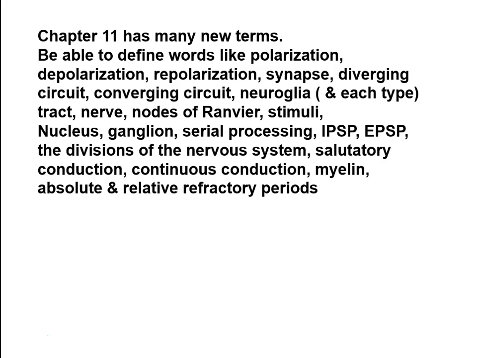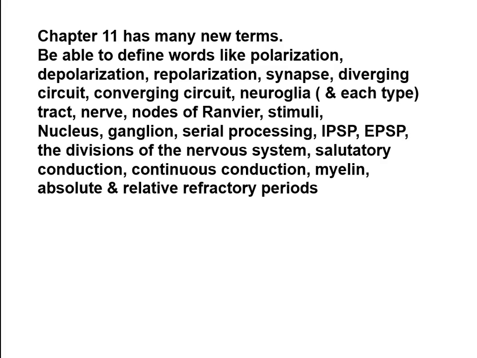Now, just as a review, Chapter 11 has many new terms. You should be able to define words like polarization, depolarization, repolarization, synapse, diverging circuit, converging circuit, neuroglial, and each type in the central and peripheral nervous system. What is a tract? What is a nerve? What are the nodes of Ranvier? What's a stimulus? What's a nucleus?